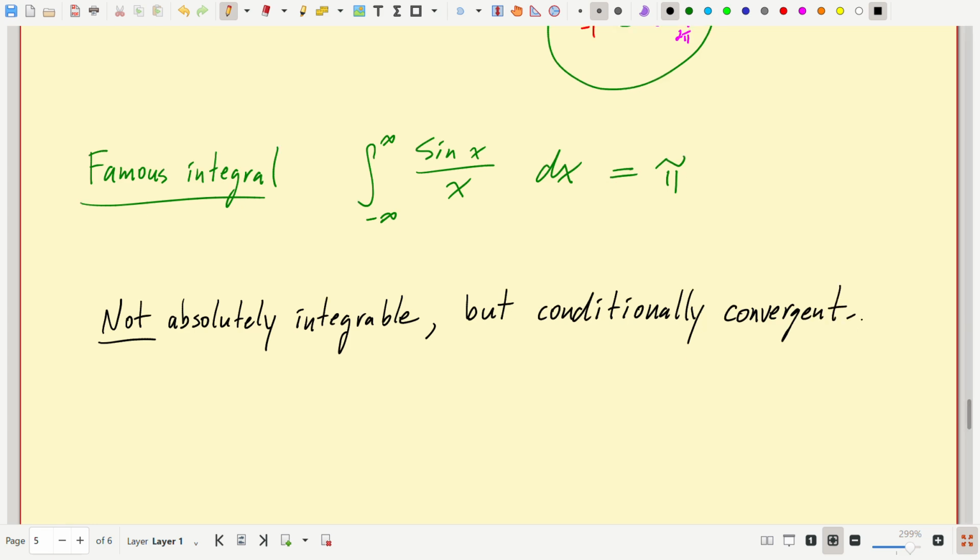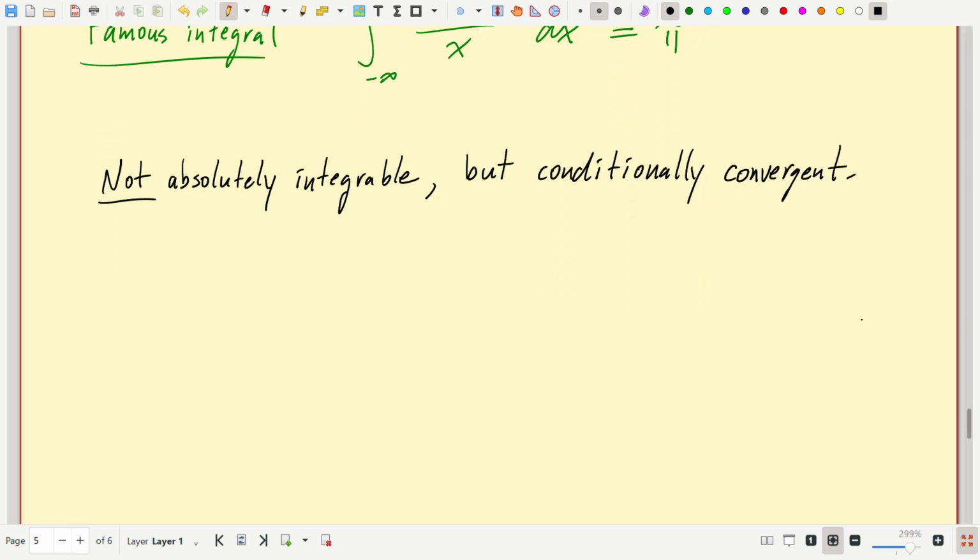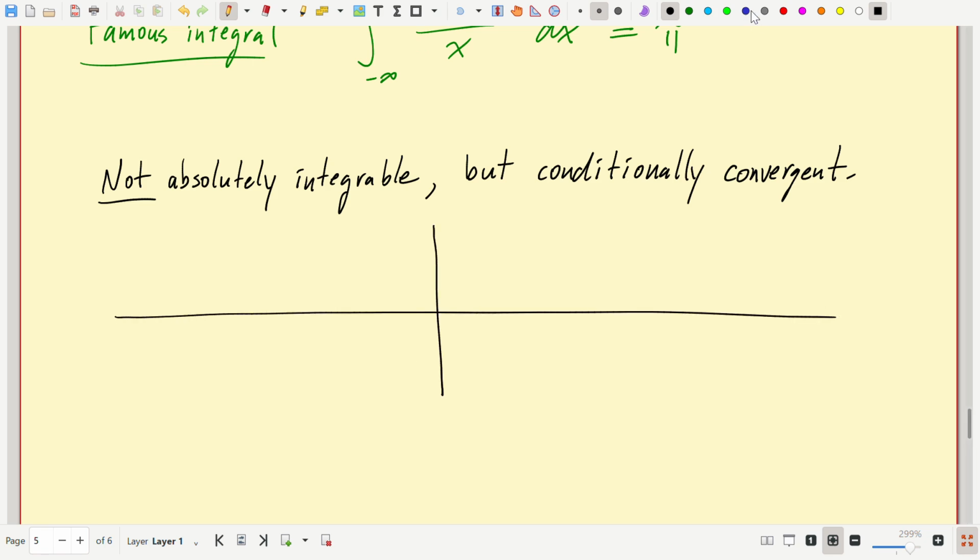Sine x over x, famous limit at 0 is 1. And so if I graph it, it's 1 at 0, be 0 at pi, and then it wiggles. And the bumps get smaller and smaller. So it starts out at 1. This would be a biggish bump, and then it gets smaller and smaller. Sorry.